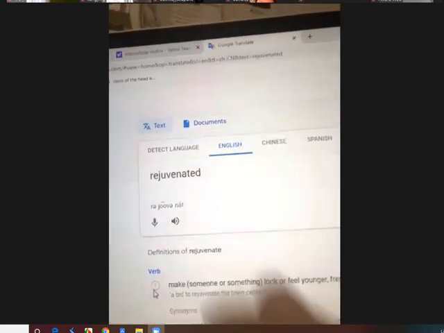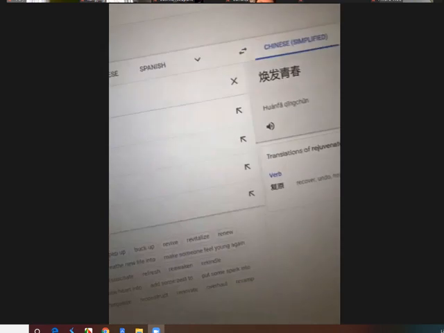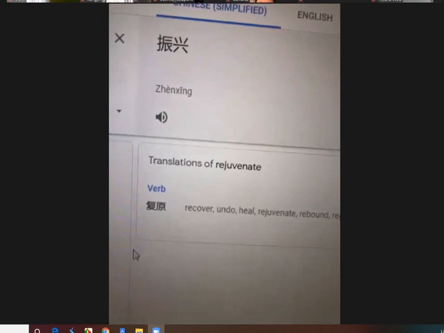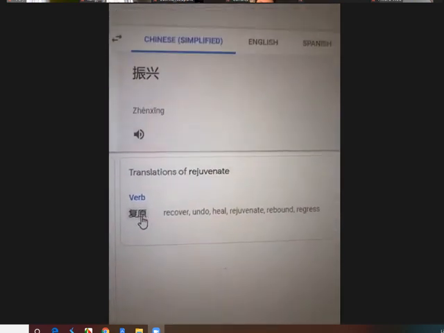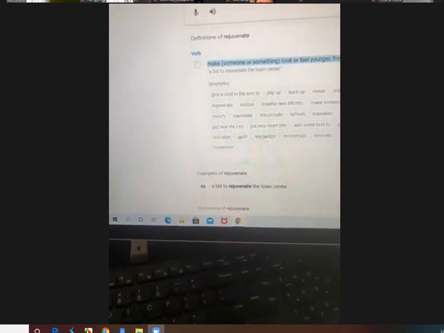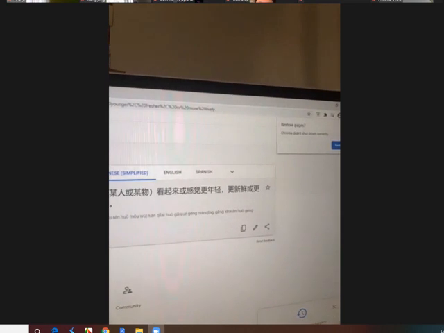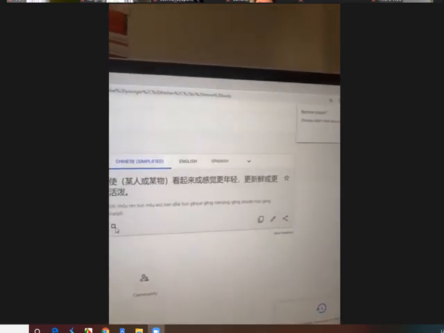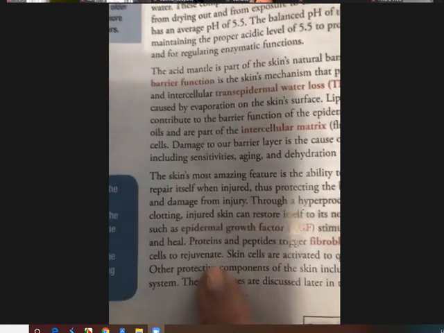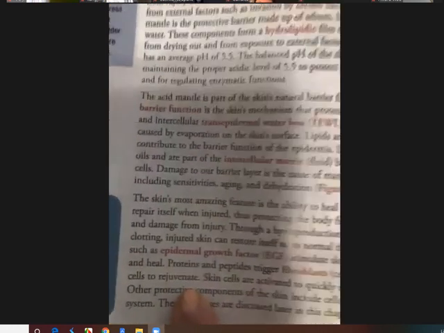That's the word rejuvenate. 指某人或某物看起来或感觉更年轻、更新鲜或更活泼。Okay, so that's the word rejuvenate. Rejuvenate means to make you look younger, fresher, more lively.